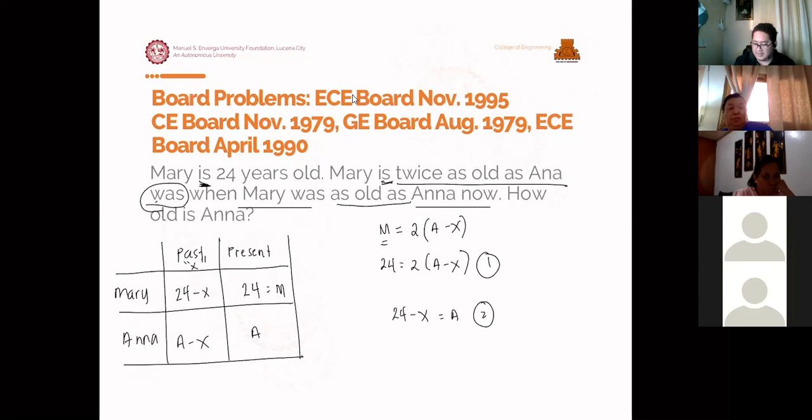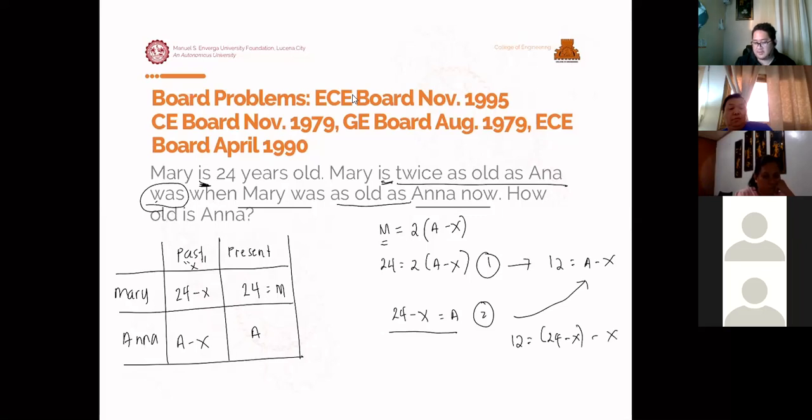Okay? Simplify natin yung first equation. Divide natin both side by 2. Meron tayong 12 is equals to A minus X. Then dito, since A is equals to 24 minus X, pwede natin siyang substitute dito. Yung value ng A. So 12 is equals to 24 minus X minus X. Then simplify.